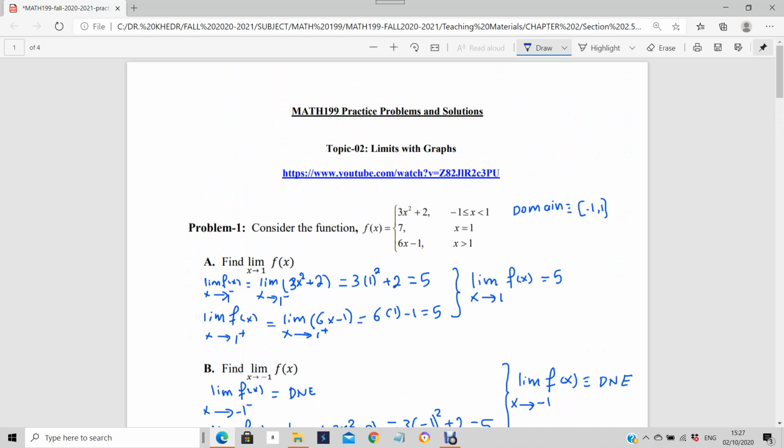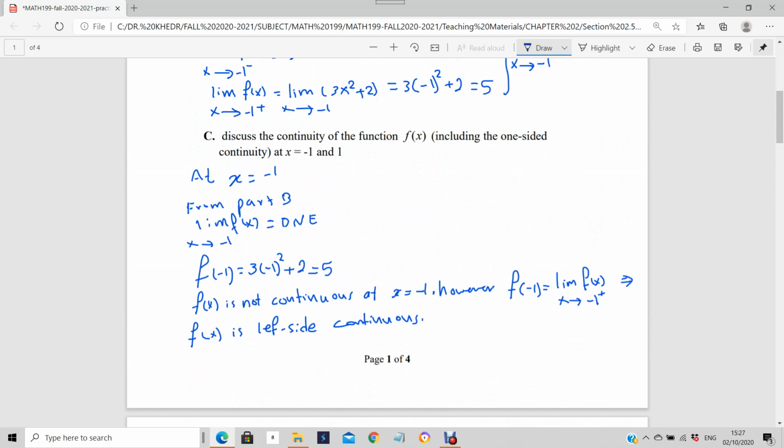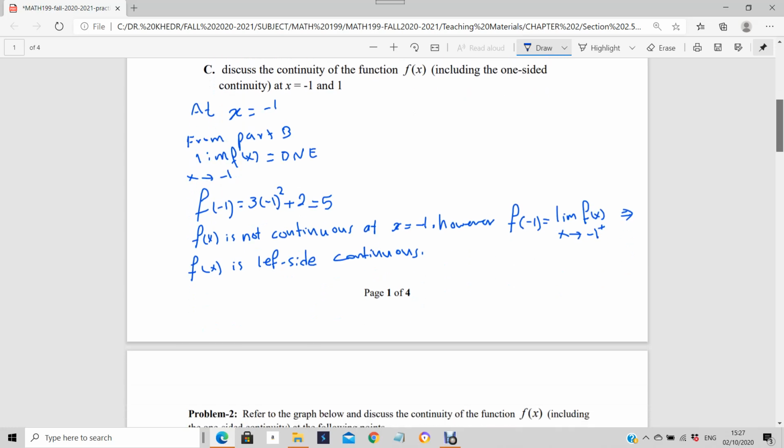Okay, the left end of the domain is -1. So when we approach -1 from right, the limit is 5, and the value of the function is 5 at x equals -1. So it's continuous from the right to the point of -1. We call this the function is continuous at the left end point. So we call it left side continuous. Okay, this is at x equals -1.